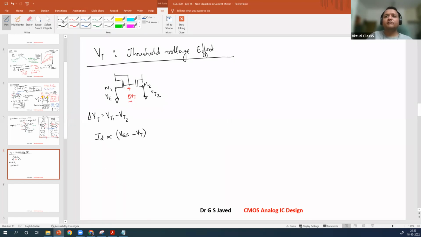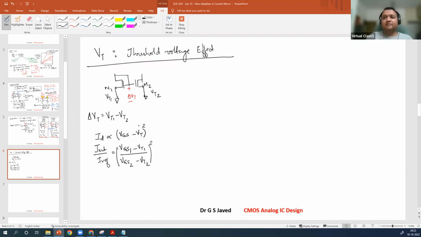The ratio will be I out by I ref is equal to VGS1 minus VT1 over VGS2 minus VT2. Right? Important factor, ID is actually dependent on the square of the voltage. So here you're going to get an impact of the square of the voltage.